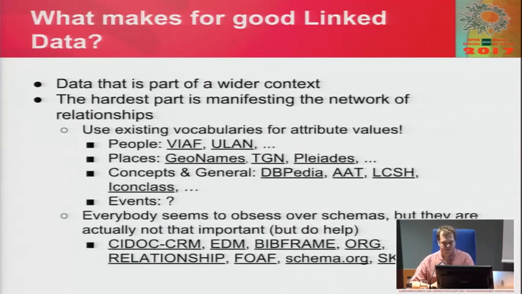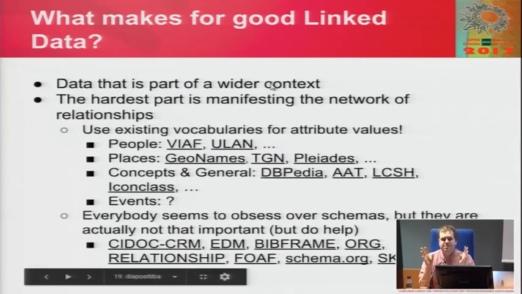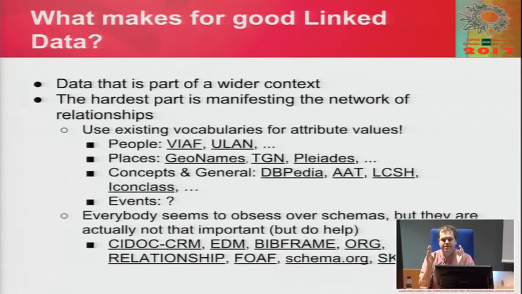And with that out of the way, there's actually one more point: if you're thinking about what data will make good linked data, it's data that's part of a wider context, because linked data is about integrating things, about making things easy to integrate. A lot of humanities data fits this picture very nicely, because all of culture and human endeavor is connected. And while the documentation, the history of that, is currently spread in silos, in archives and museums and so on, it was created as part of a whole network that spans the world, or at least Europe.